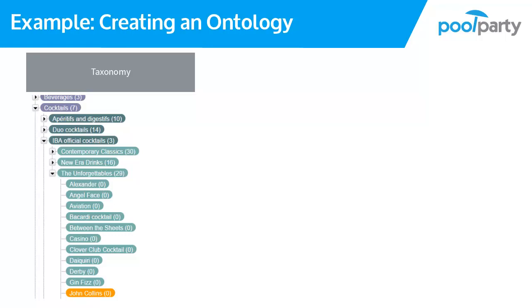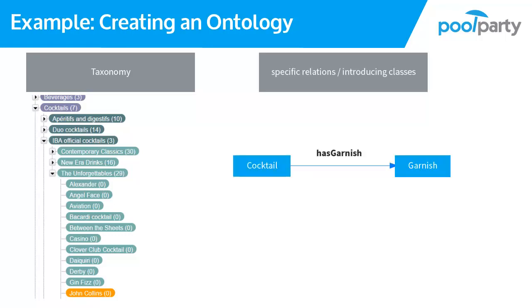Let's assume that I already have a taxonomy about the knowledge domain cocktails in place, and now I want to increase the semantic expressiveness of the taxonomy. And I want specifically to relate concepts out of different concept schemes, as I want to express that cocktails have a certain garnish.